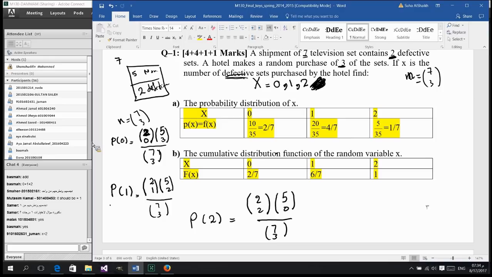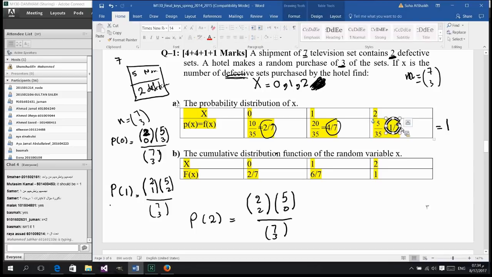Those are the results that you will get: 2/7, 4/7, and 1/7. And to check your answer, you need to check that the sum is equal to 1. 2 and 4 is 6, and 1 is 7 over 7, it's 1.